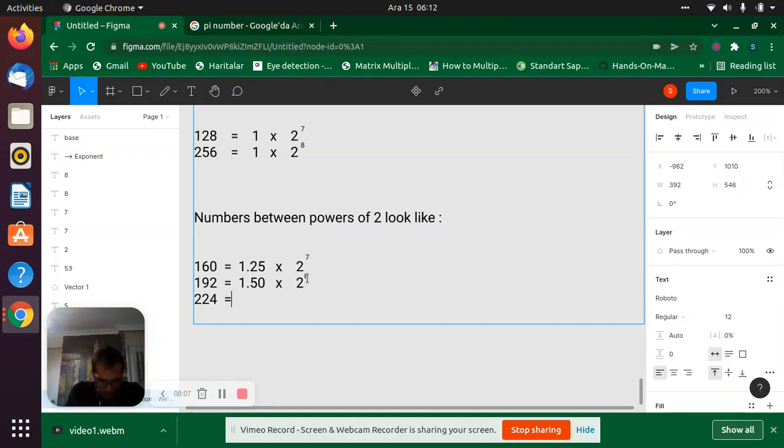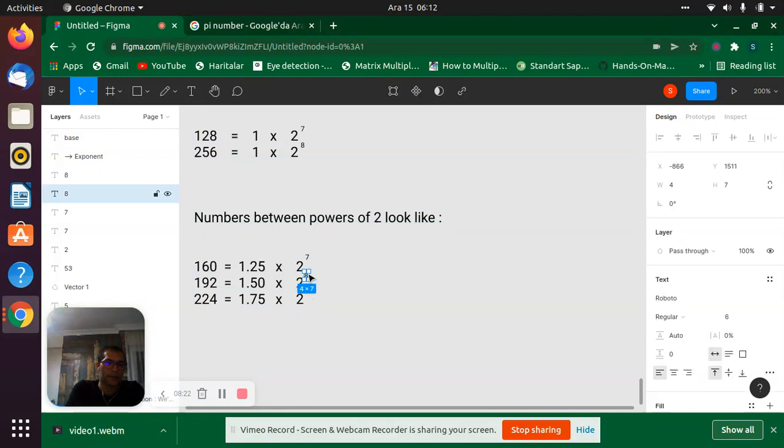Now this one is 1.75, and plus it's 2. Let's duplicate it and come down. This one is 7 also. Let's do it 7.